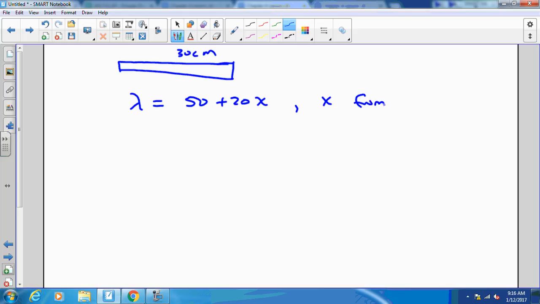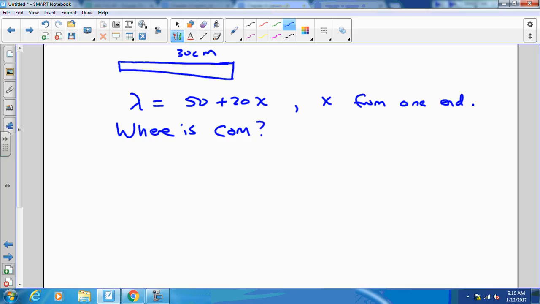It just is one end, so measured from the end. Now they want to know where is the center of mass.